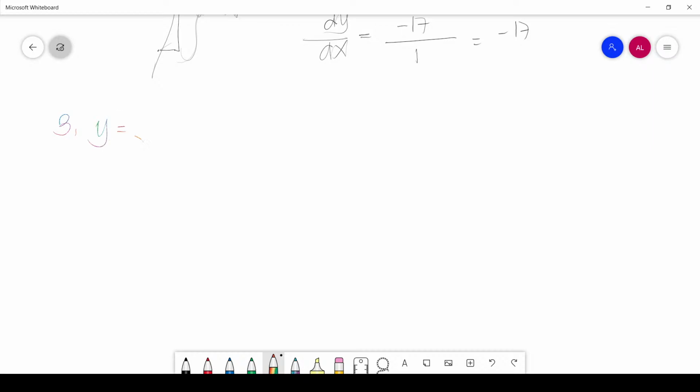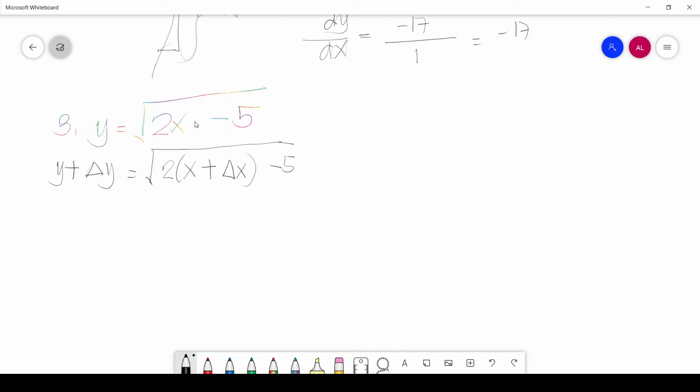y is equal to the square root of 2x minus 5. Okay, so again, first step, substitute y plus delta y, then x plus delta x minus 5.